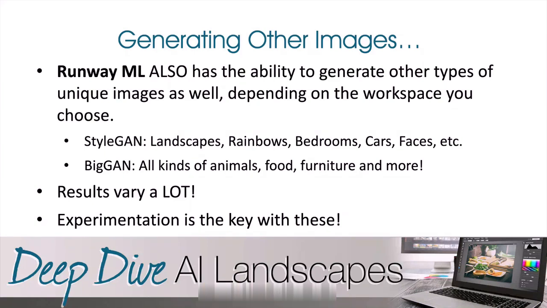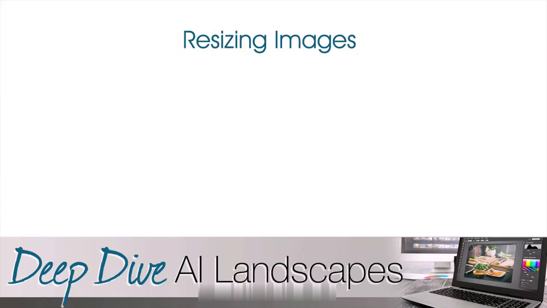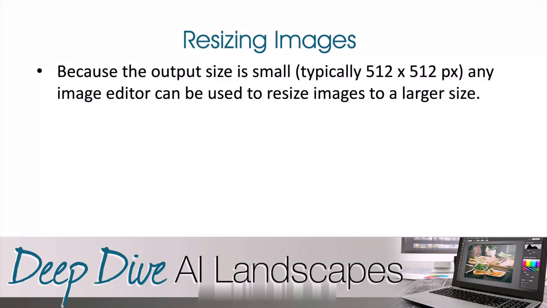So as I mentioned earlier, the outputs are pretty small, which means that for us to use them in any kind of print form or higher resolution form, they need to be resized. So typically 512 pixels square is the output resolution, but any image editor can be used to resize those images to a larger size.